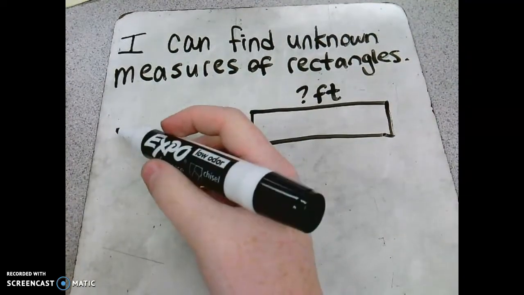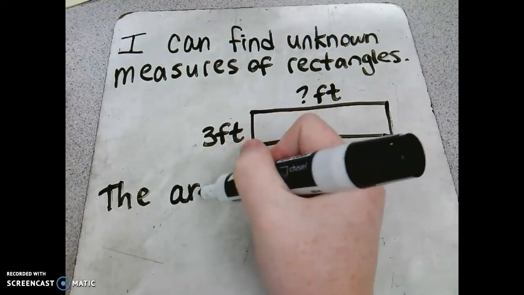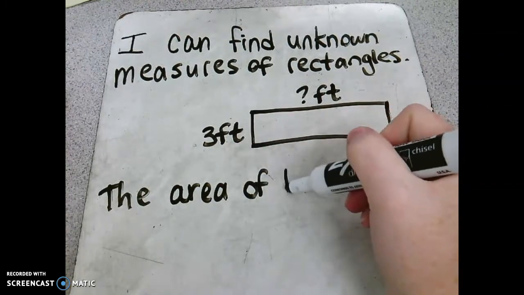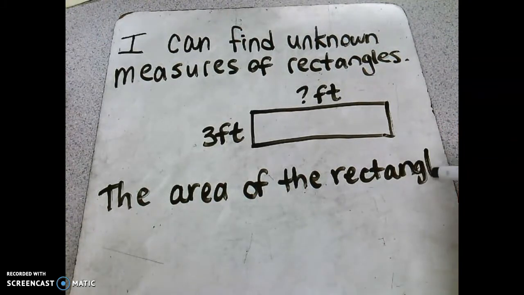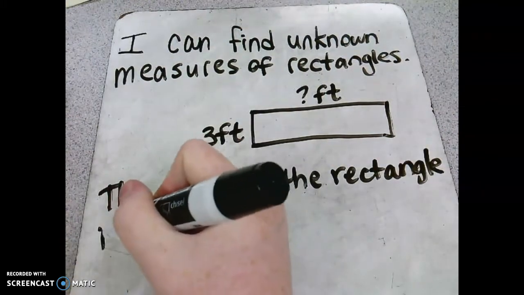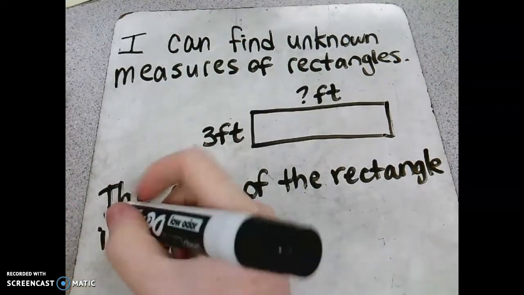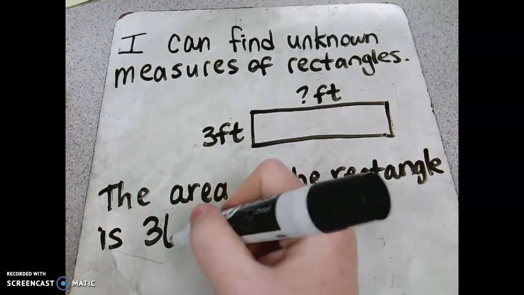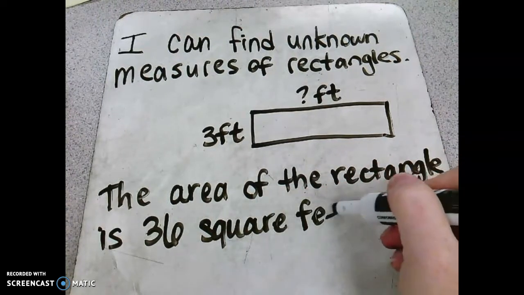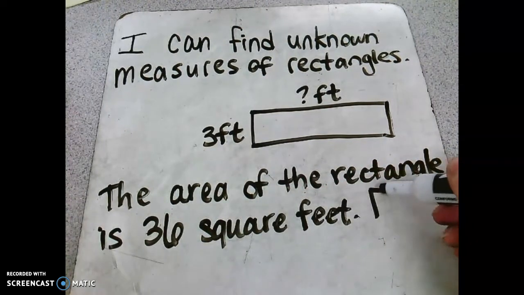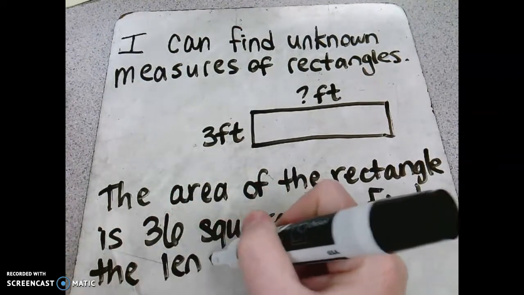And so our question says the area of the rectangle is, I did a 3 on it. See, I make mistakes too. Is 36 square feet. Okay. And it wants us to find the length missing.